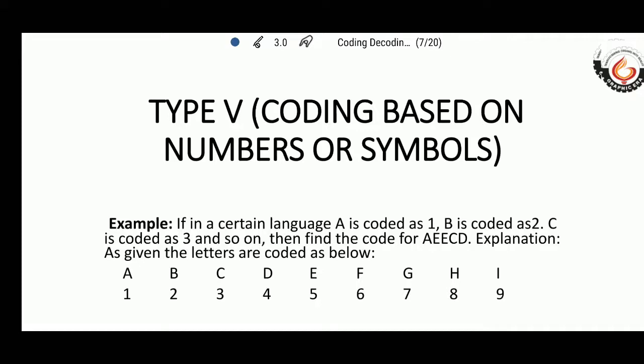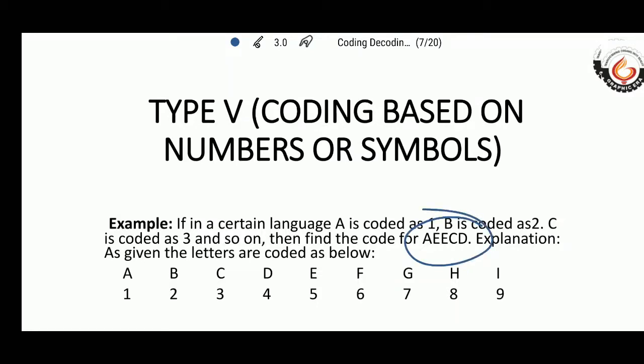It could be like B is coded as star, C is coded as dollar, D is coded as hash, E is coded as hyphen, F is coded as backslash. It could be numbers or it could be symbols, not necessarily in increasing order or decreasing order. And they are asking for the code of AECD.